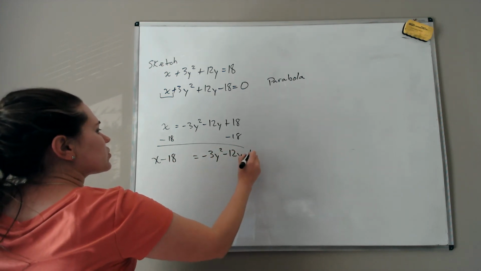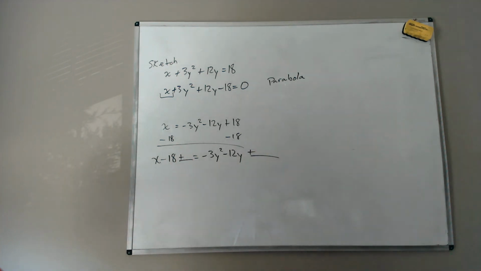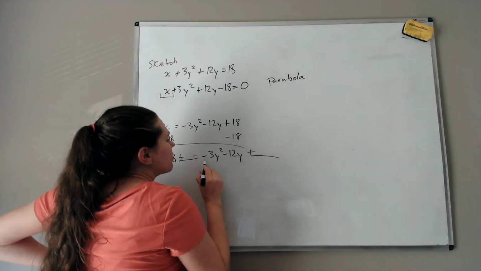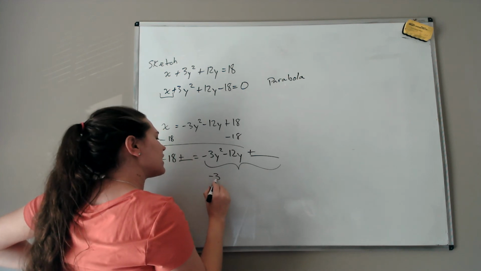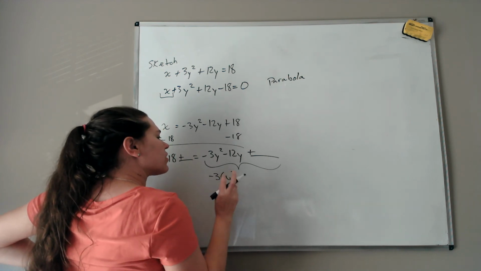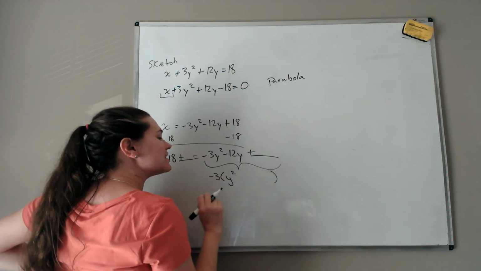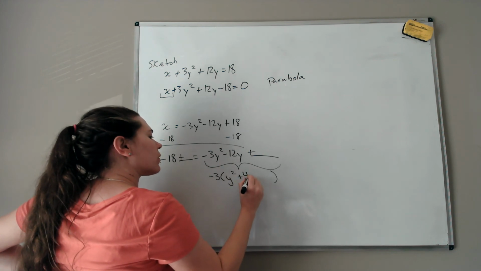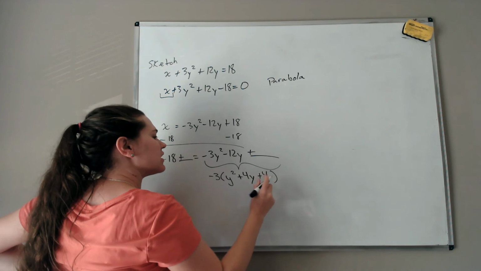So I need to complete the square on the right-hand side. Whatever I add into the right, I need to make sure I'm adding into the left. Now I can't start completing the square until the coefficient on my quadratic term here is 1. So I have to factor out that negative 3. Now the coefficient on the quadratic term is 1, so I'll be able to complete the square inside the parentheses. If I factor out a negative 3, this becomes plus 4y. So half of 4 squared is 4, but I didn't really put in 4.